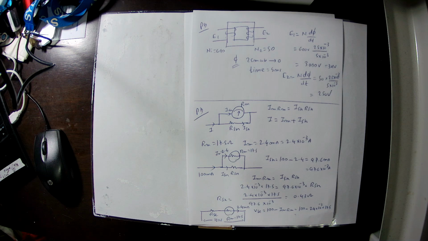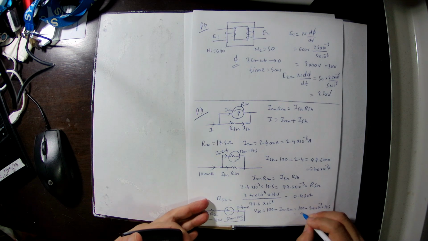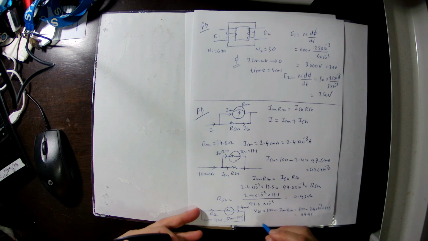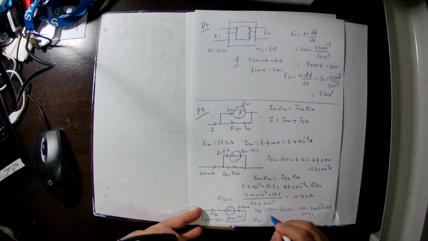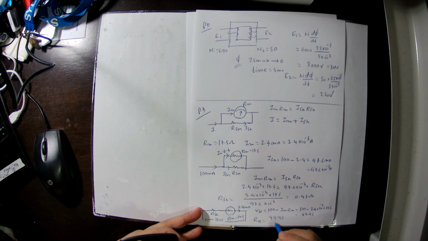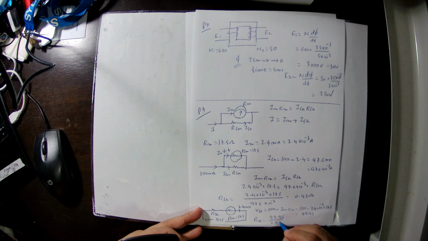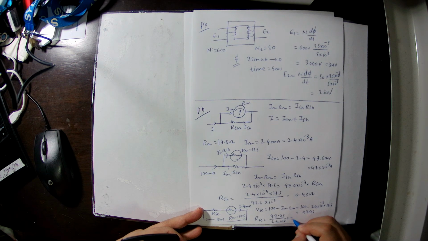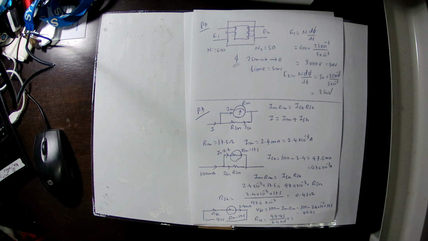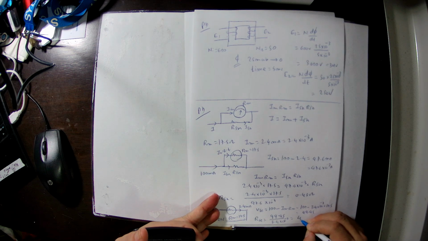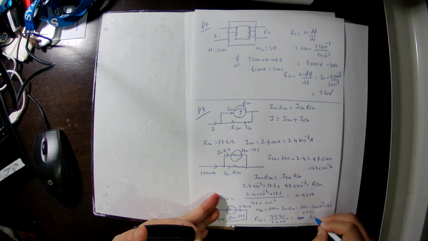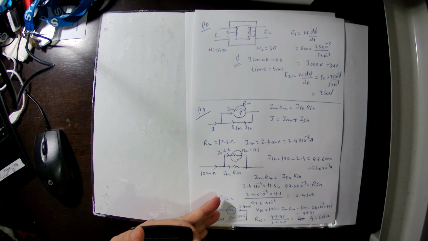So 100 minus 0.042 gives 99.95. This is VSE. Then RSE equals voltage 99.95 divided by current 2.4 milliampere, so 99.95 multiplied by 1000 divided by 2.4, which gives 41.6 kilo ohm. That should be your calculation.